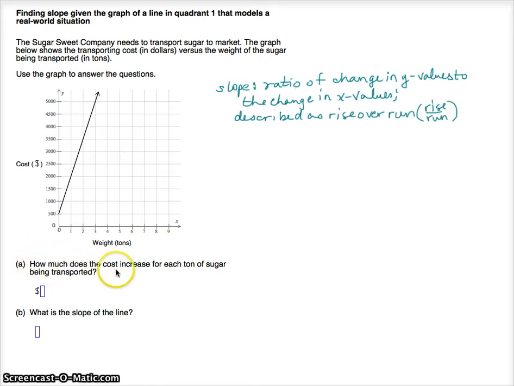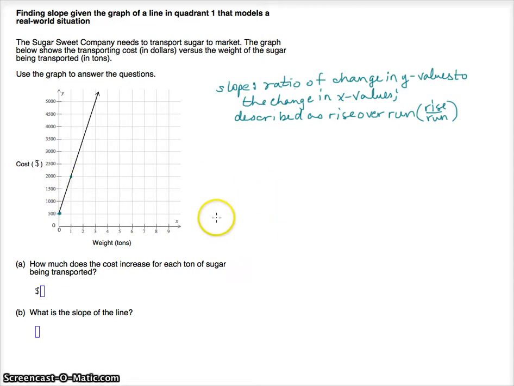How much does the cost increase for each ton of sugar being transported? Well, let's look. It starts at 500 and it goes up, and if you go to 1 ton, it crosses at 2,000. So to find the change, we're going to subtract, and that might be a good thing to note.